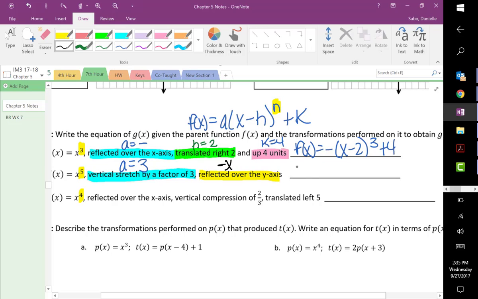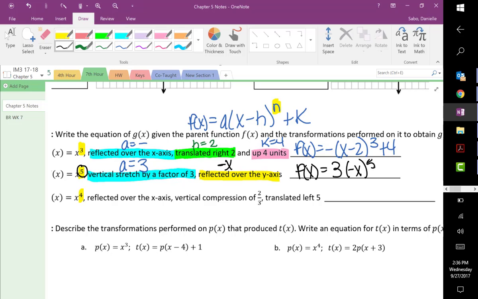So I'm just going to plug it in. F of x equals, my a value is 3, you told me. I'm going to have a negative x. My degree is 5. And that's it, because there's no k value. You could put plus 0, but that would just be pointless. We didn't write anything for k or h, so it's all going to be gone.